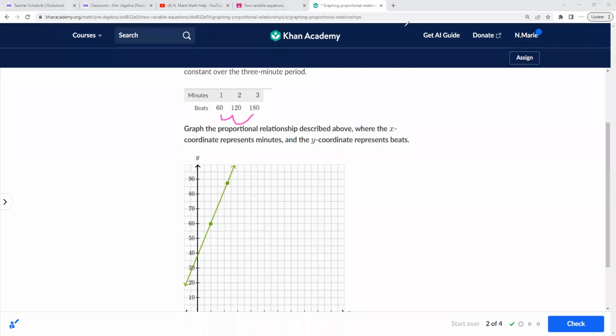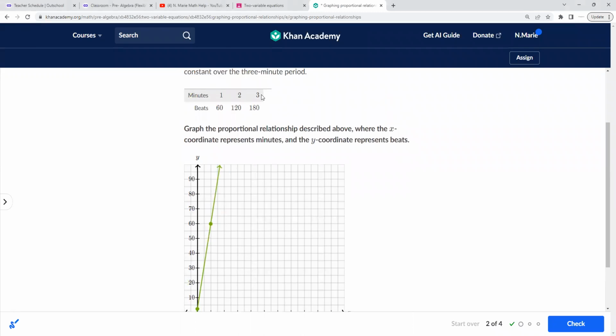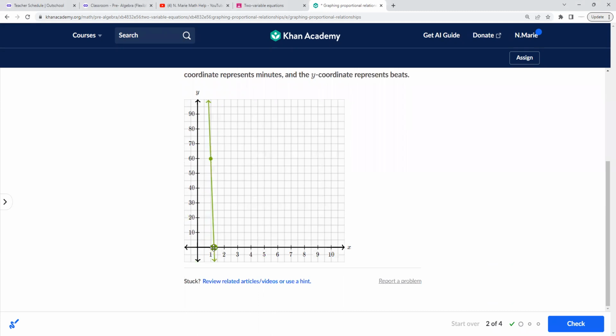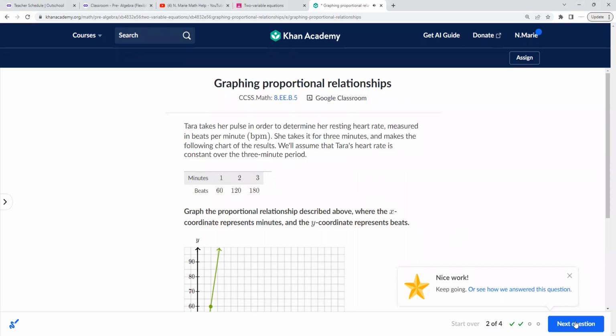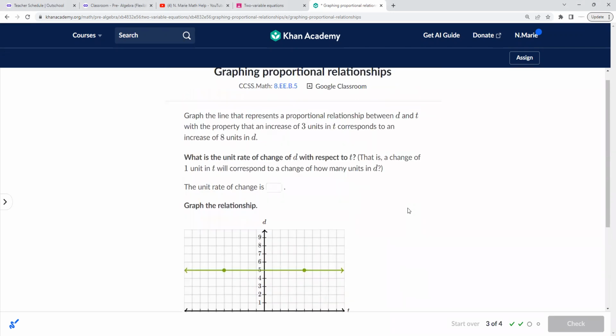So we need to go back down 60. So then this is going to be at 0, 0. So it's going up 1 for the minutes. So we need to go back 1 for minutes and down 60 for beats. And that's how we could fit it on the graph. You want to make sure you can fit things on the graph. And so that's how you deal with proportional relationships. So let me know if you have any questions.